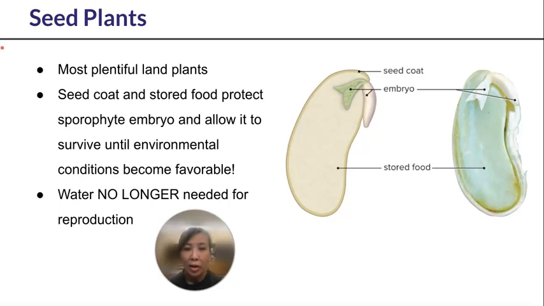I want to emphasize once more that one of the main advantages of having seed is that water is no longer needed for reproduction. So the next time that you eat a seed, I want you to realize that you're actually eating a plant embryo. Congratulations.